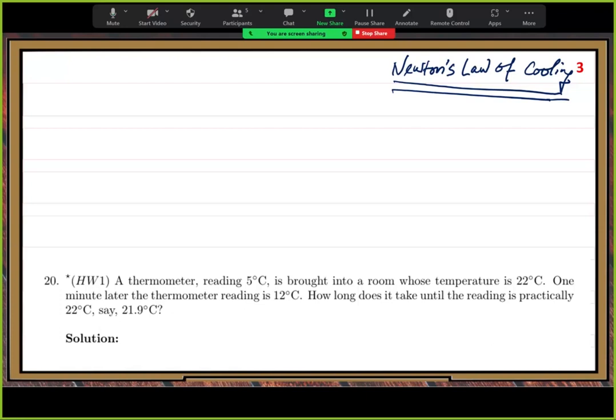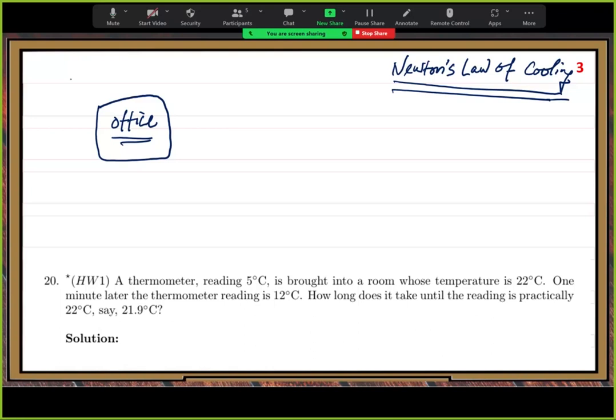So the situation of Newton's law of cooling. Let's recall our original question, where we applied Newton's law of cooling. We have an office, right? We have a room. So this room is the office. The air conditioning keeps the room temperature down.